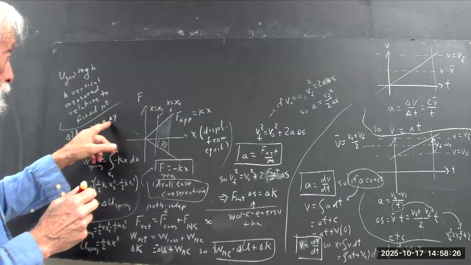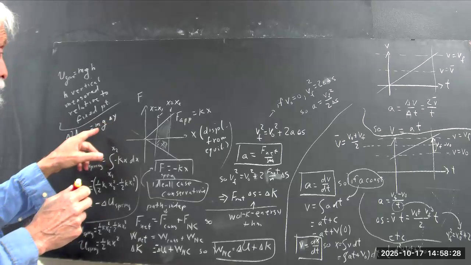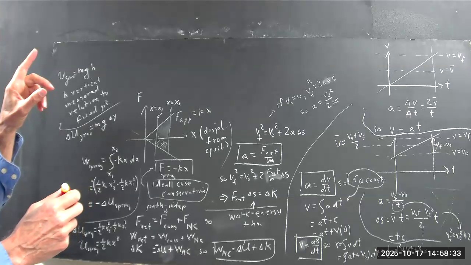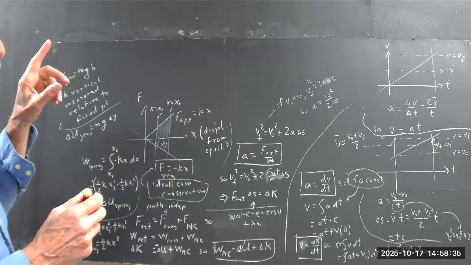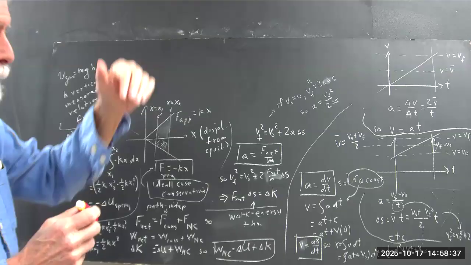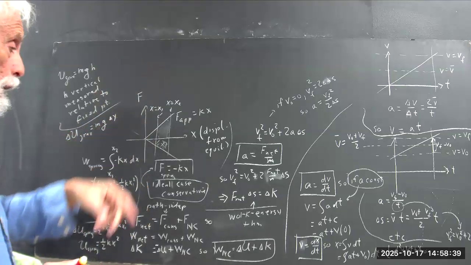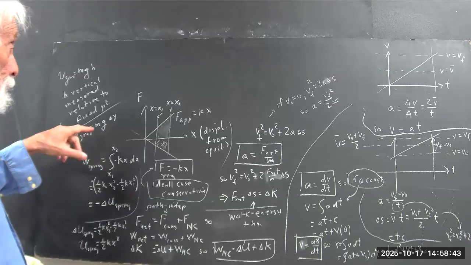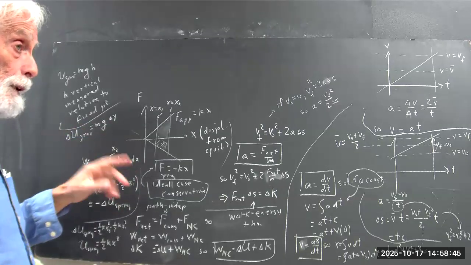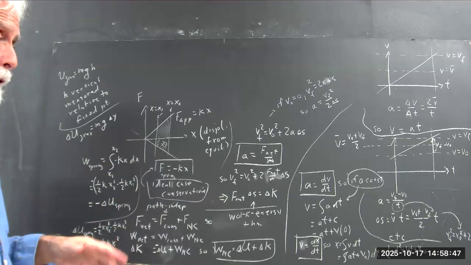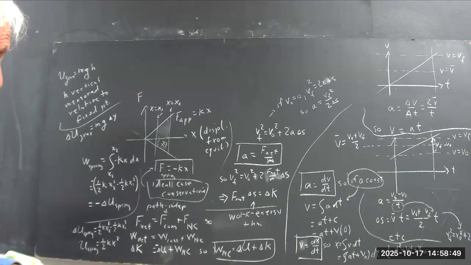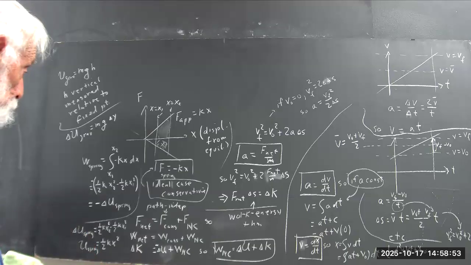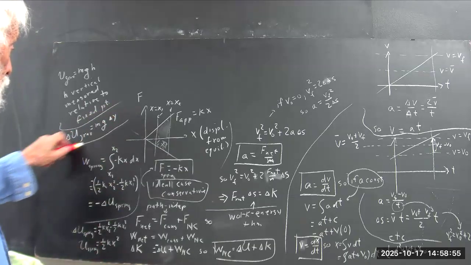So when delta y is positive, the work gravity does on the mass is negative mg delta y. So the change in potential energy is positive mg delta y, because again, the change in potential energy is equal and opposite to the work done by the conservative force. One way or another, that's energy.